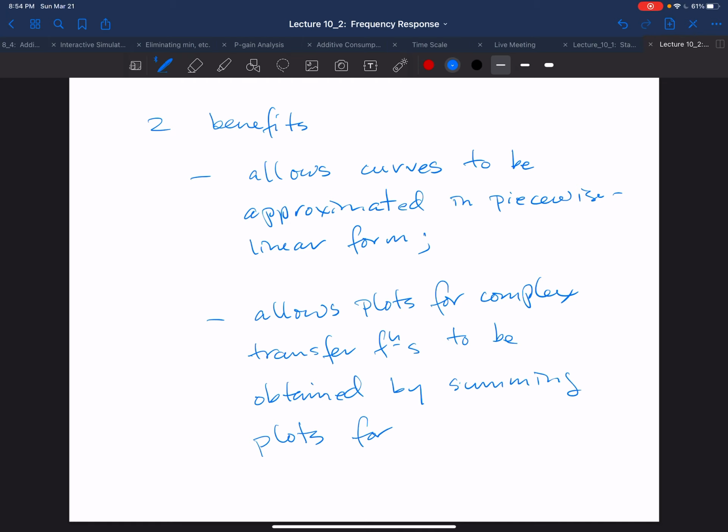So instead of doing partial fractions decomposition, when we're working with frequency response plots, we will just factor our transfer functions. Draw the Bode plots for simple factors, and then we'll be able to sum the respective curves, the magnitude curves and the phase curves, to get the Bode plot for a complicated transfer function.